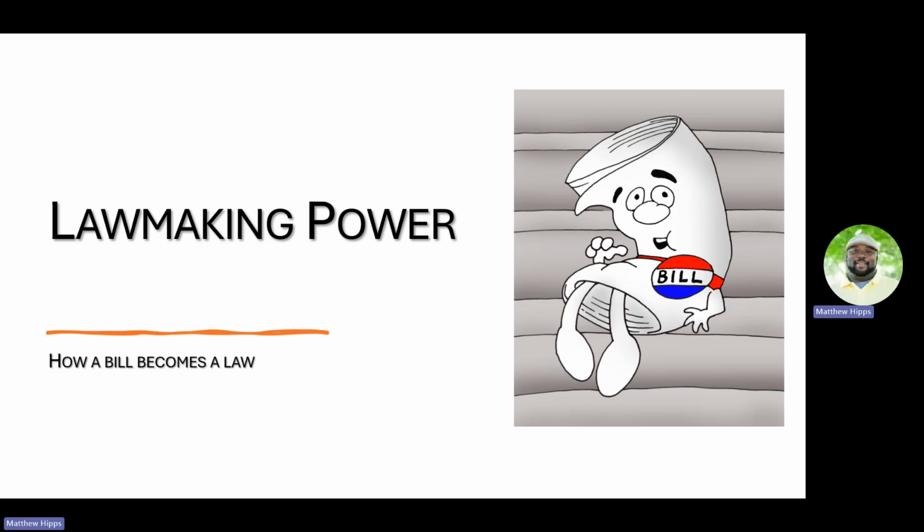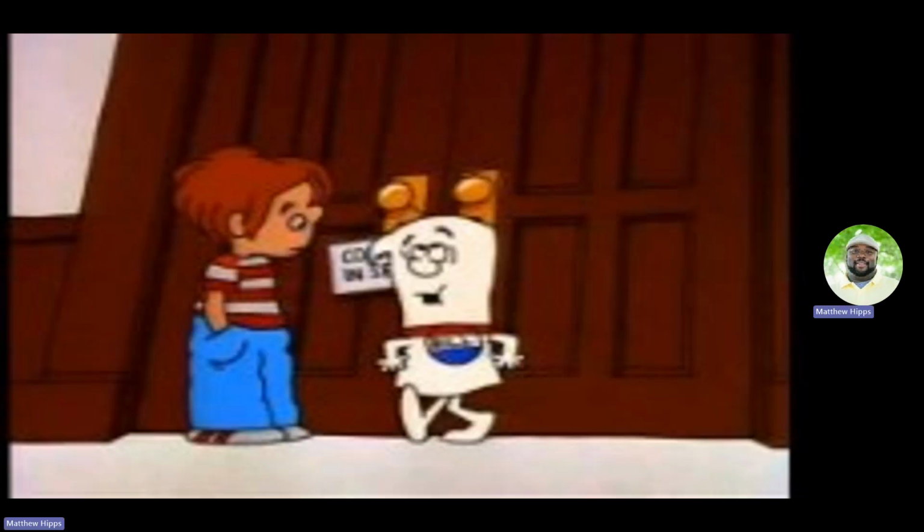So first, the key idea is that you need both the House and the Senate to pass identical versions of a bill. And so in discussing how that process works, again, although Schoolhouse Rock does it beautifully, I'm going to give you a quick overview of that process.